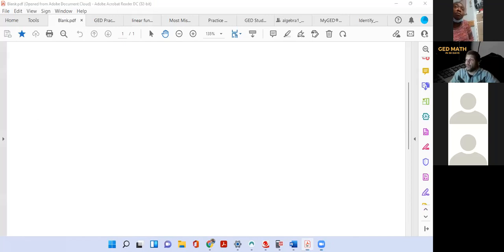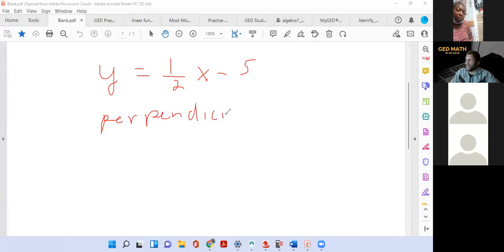So they said something like y equals 1/2 x minus 5, and they wanted to know the perpendicular. Yeah. And then they gave you 4 examples. So those 4 examples could be y equals minus 2x plus 3. But it was just the slope, so it was just b. Okay.